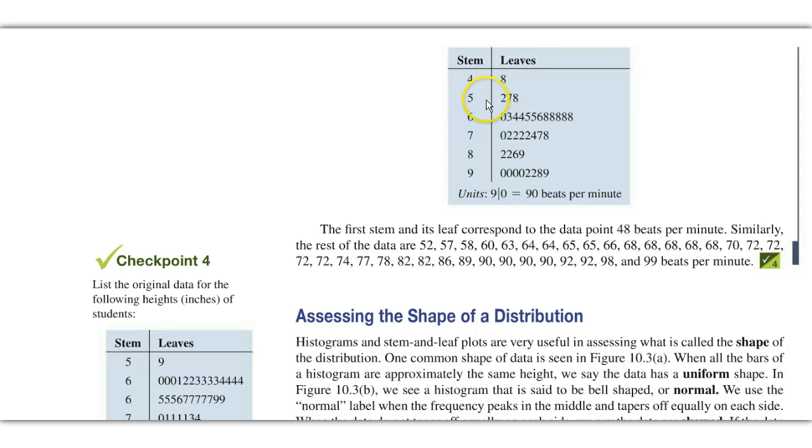Then a student of 52, 57, 58. Then 60, 63, so on and so forth. And again, giving you a key of what the units look like. This is the stem of 9, and this was the second item, 9 and 0, 90 beats per minute. And then this, of course, is your answer written out.